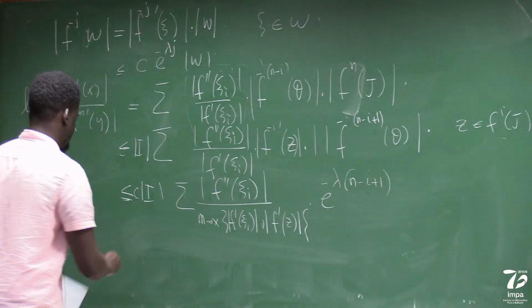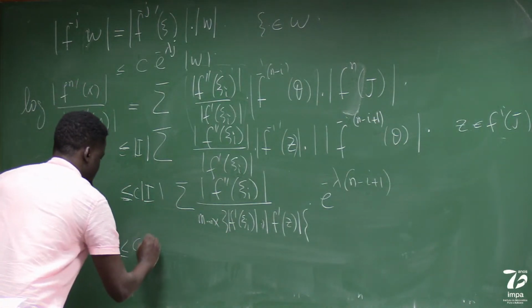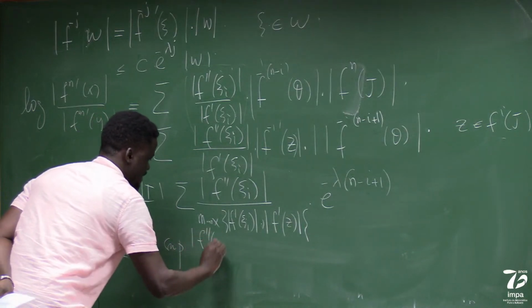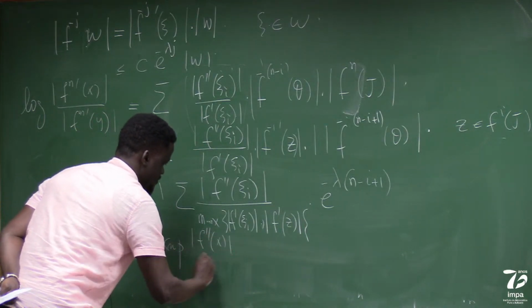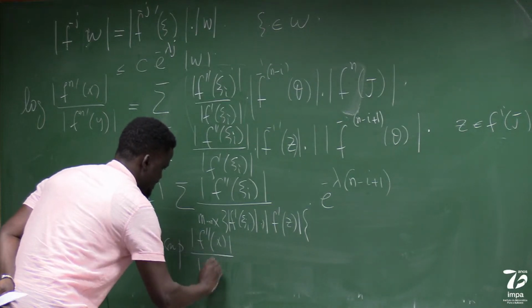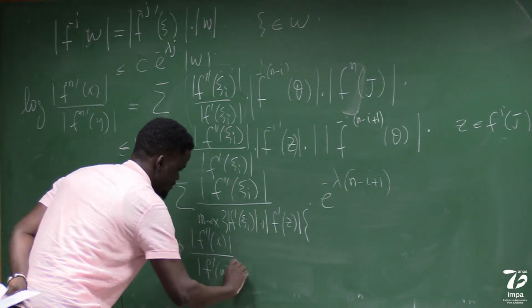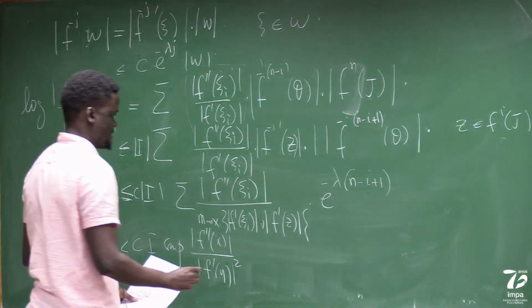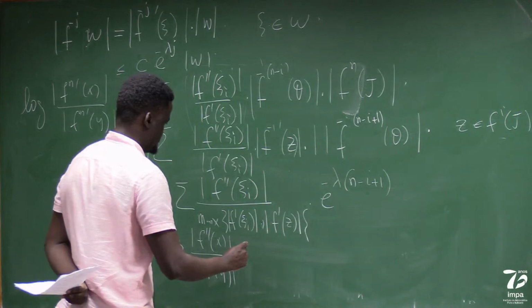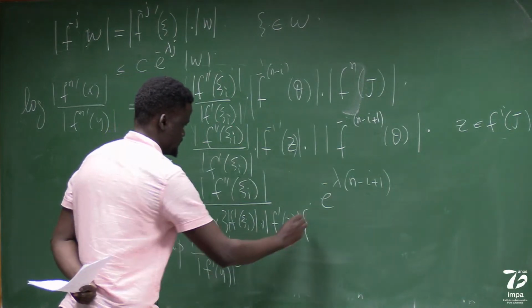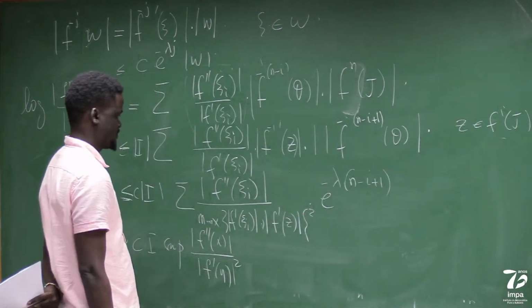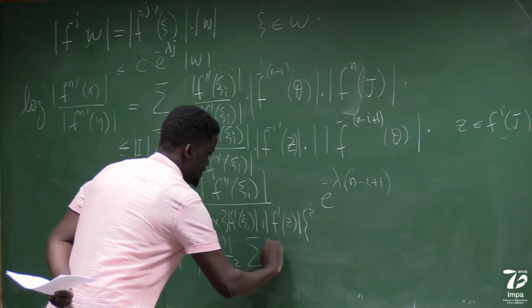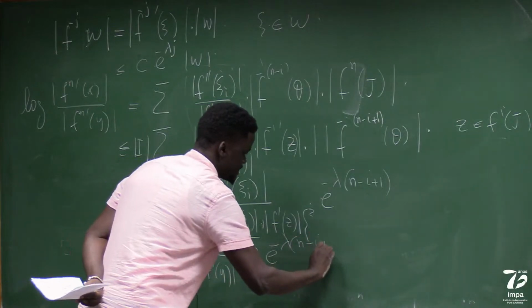Okay, so this is less than c times the supremum of f double prime x over f prime y, the maximum squared, the sum of e to the minus lambda n minus I plus 1.